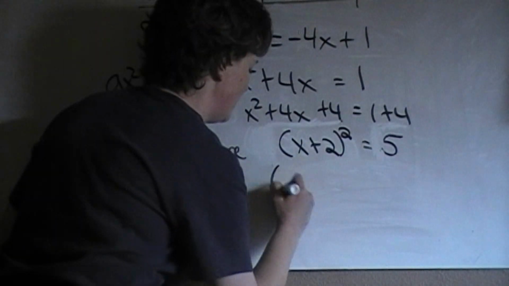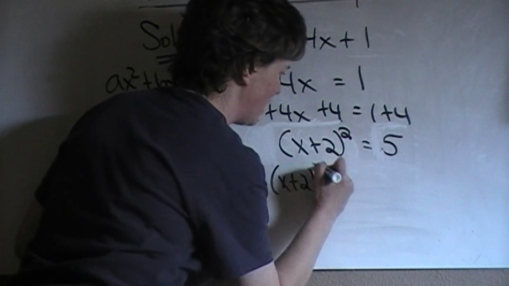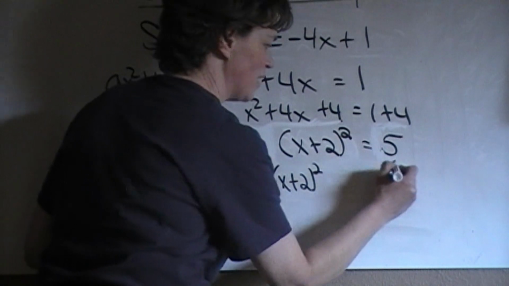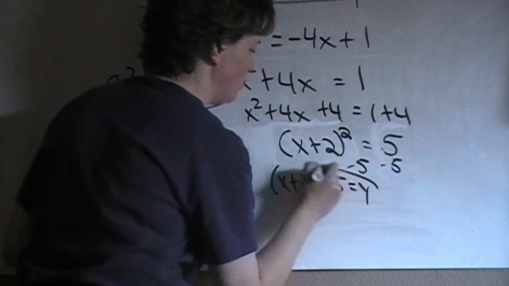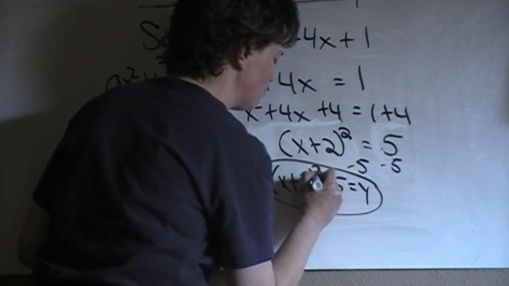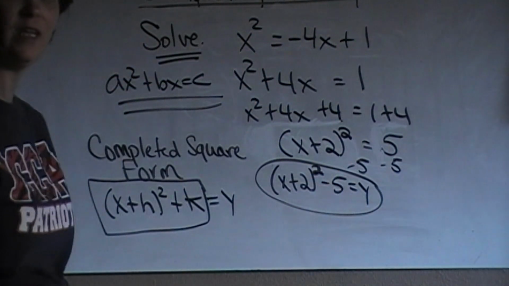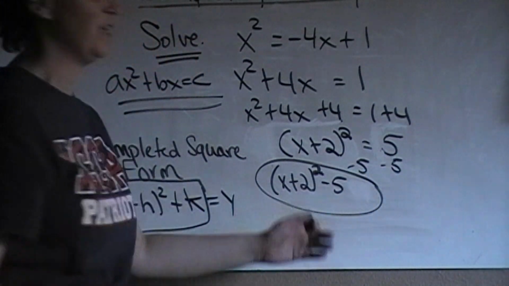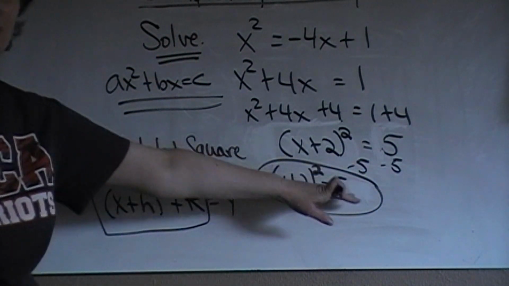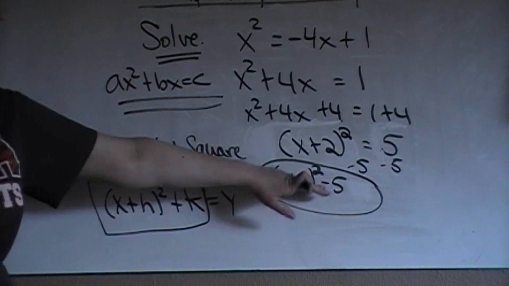So you have (x plus 2) squared minus 5, subtracting 5 from both sides. You can say equals y if you want, but on the homework they won't even have the equals, so just leave it like that. However, technically it equals y. This is the completed square form.